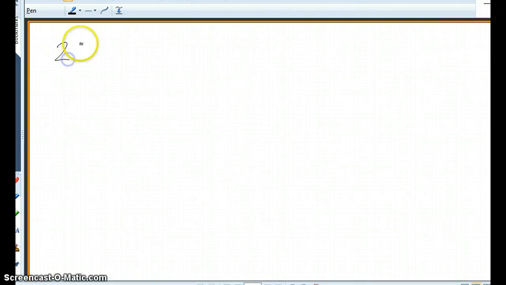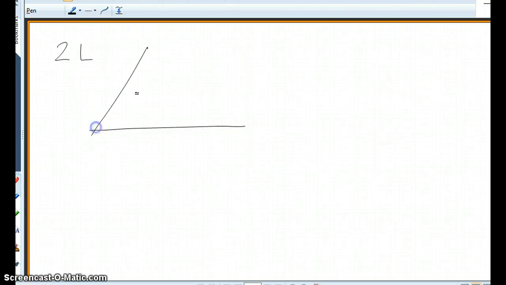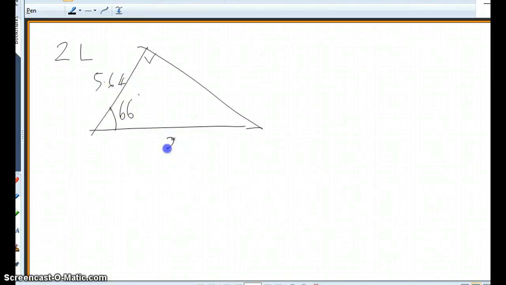This is question 2L. Here's the picture. 90 degrees, 66, 5.64. First step, Ash, is to... Yep.